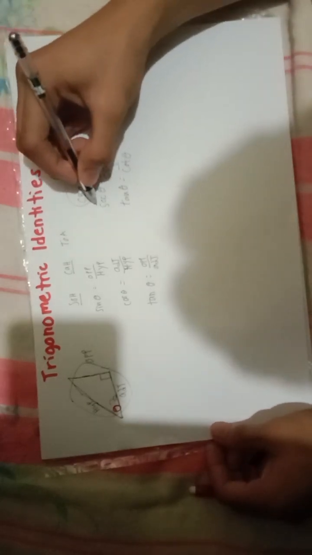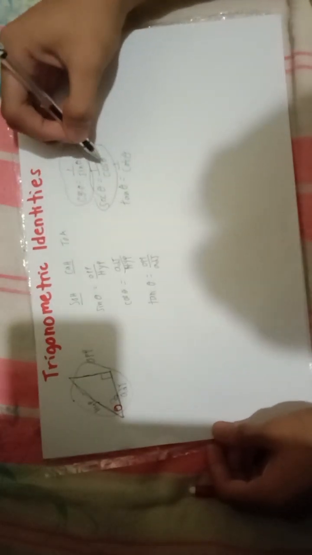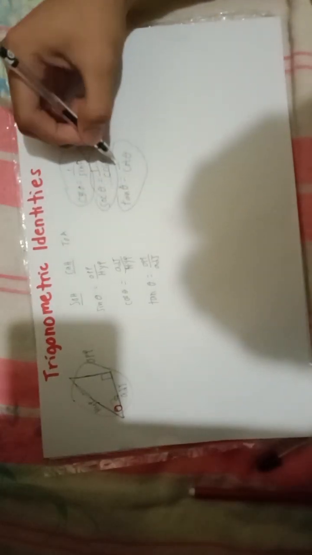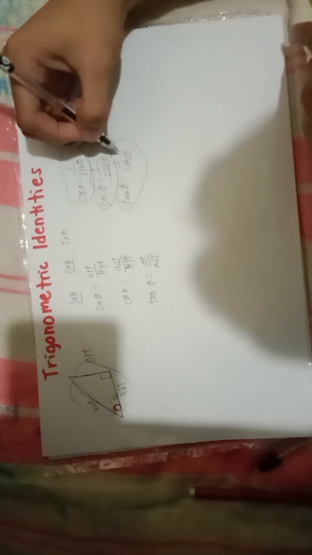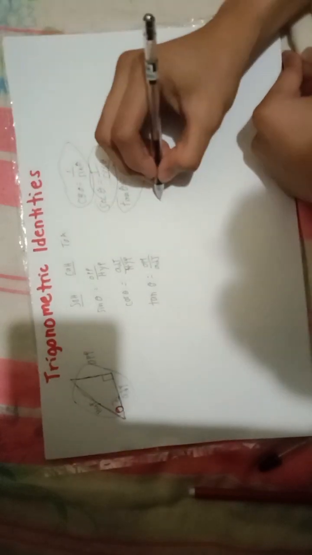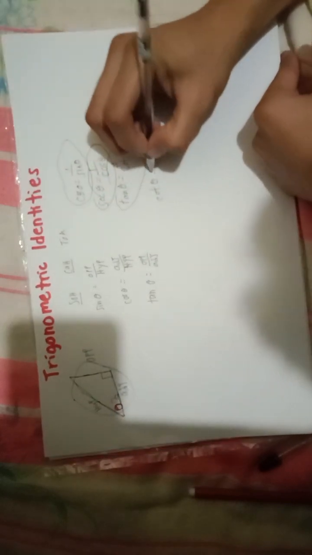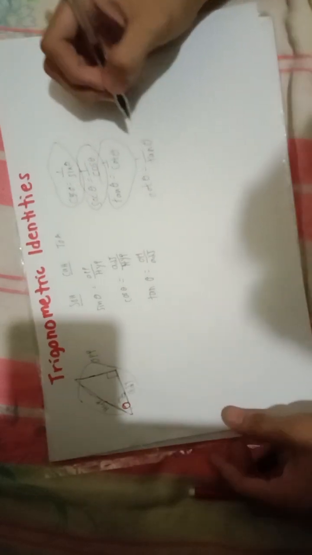Cosecant is equal to 1 over sine theta, secant is 1 over cosine theta, and tangent theta is 1 over cot theta, and also cotangent theta is equal to 1 over tan theta.